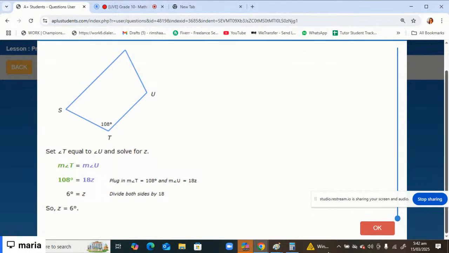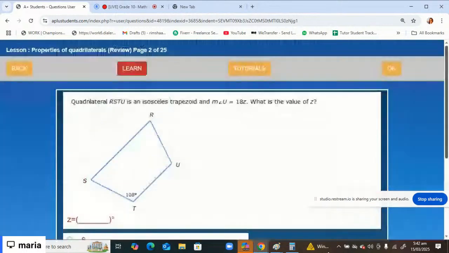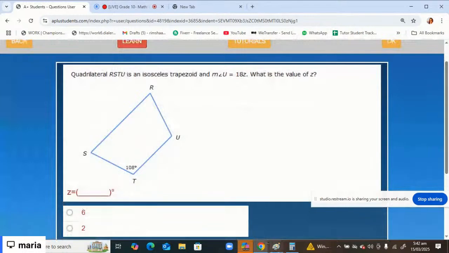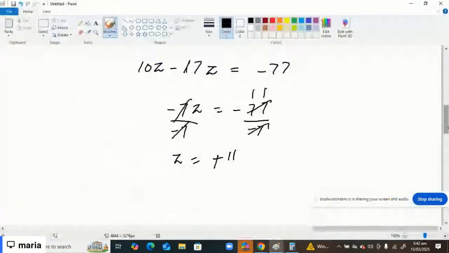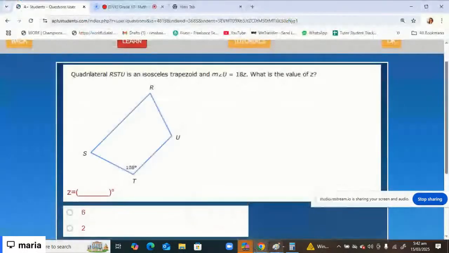So now here we go with this. Okay, let's do it. 108 is equal to 18Z. Is it 18? Yeah.